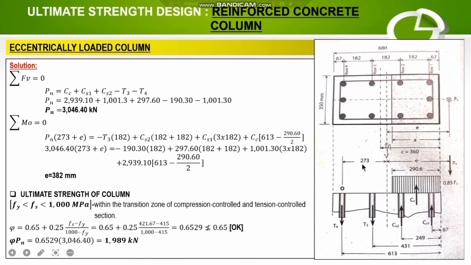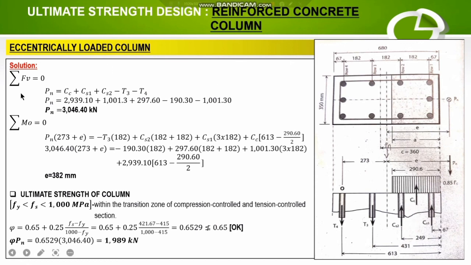We have already solved for the point load of each section. We have already solved for the tensile forces in the tension part and the compressive forces in the compression part, as well as the Cc.